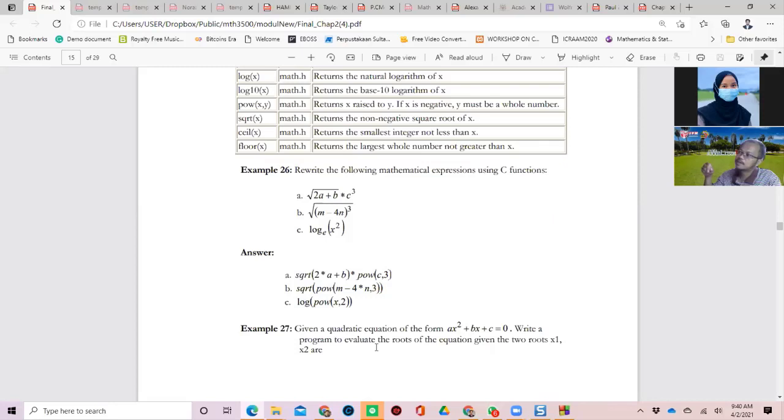Imagine you could write x times x, ten times. Yes, correct. But the nicer way to write it is POW x, 10.